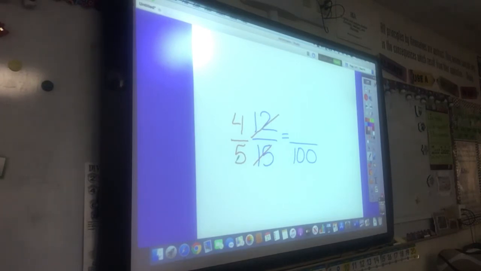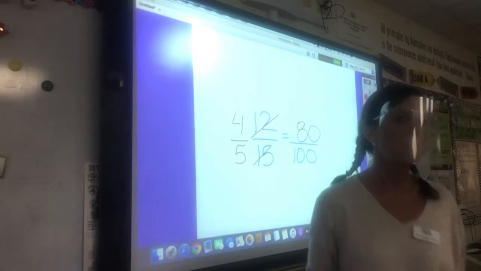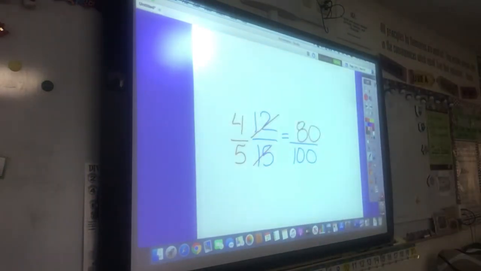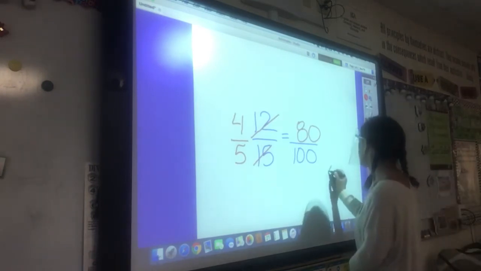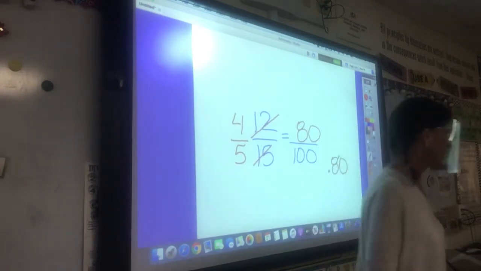Maggie, 20. 5 times 20. So we've got to multiply 4 by 20. Mason, what would we get for the top? 80. So this is 80 hundredths. What would our decimal be if it's 80 hundredths? 0.80. And that's our answer.